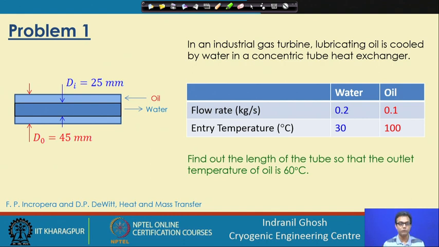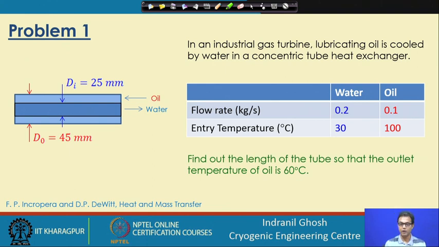So, basically it is a tube in tube heat exchanger, where the internal diameter of the inner tube is 25 mm, whereas the outer diameter is 45 mm. The thickness of the inner tube has been neglected, and the oil is flowing through the annular space, whereas water is flowing through the internal tube.